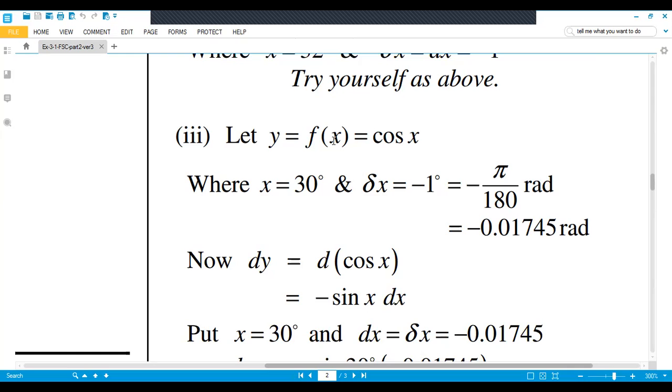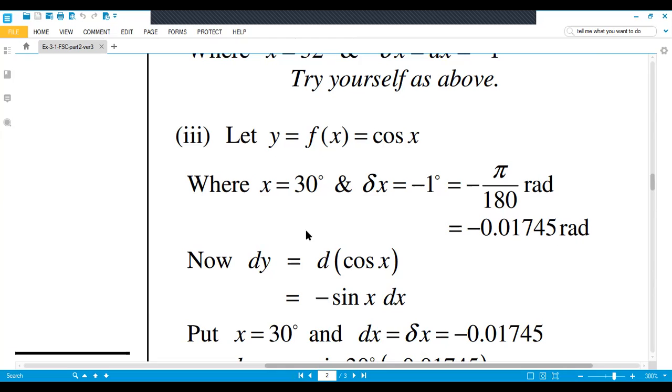So let y is equal to f of x, cos x, and x is 30 degree and delta x is minus 1 degree. We convert it into radian, minus pi by 180. You know that to convert degree into radian we multiply with pi over 180. So 1 degree is minus 0.01745 radian.